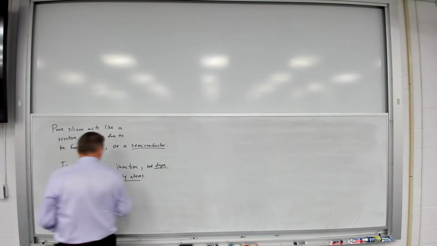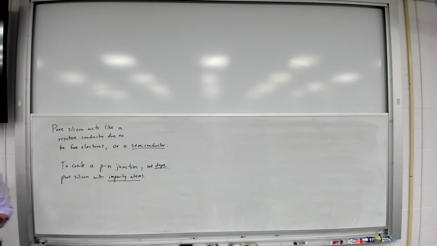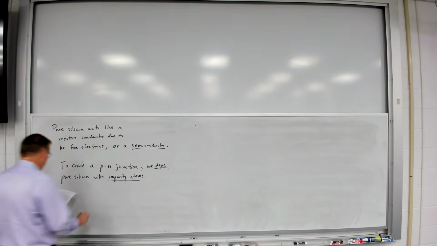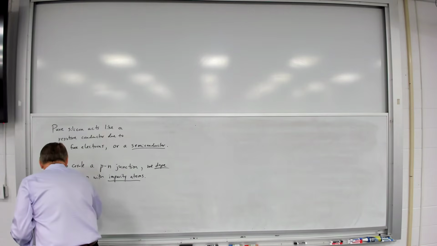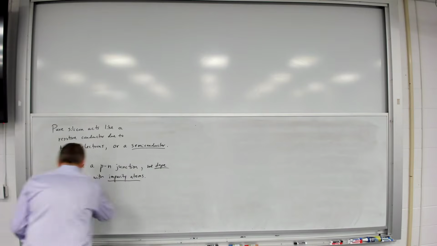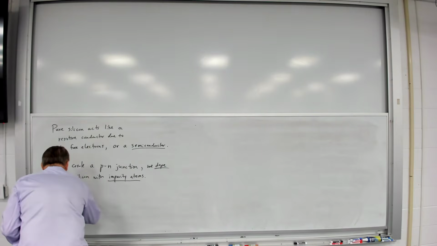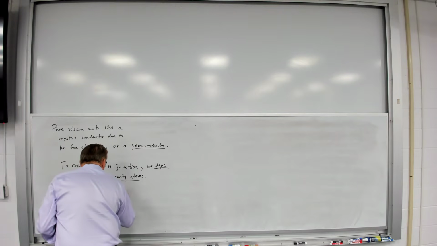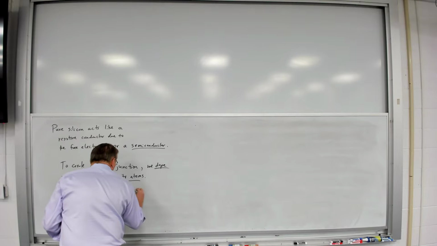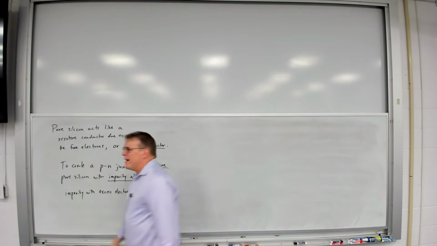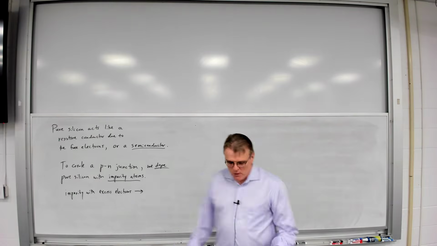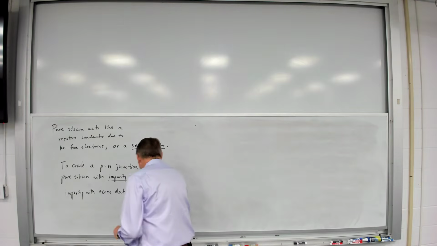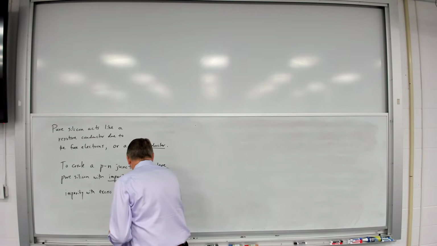So we can put in two types of impurities. An impurity that provides us with excess electrons, we say, is an N-type impurity.